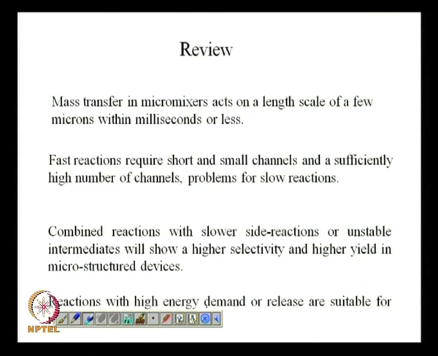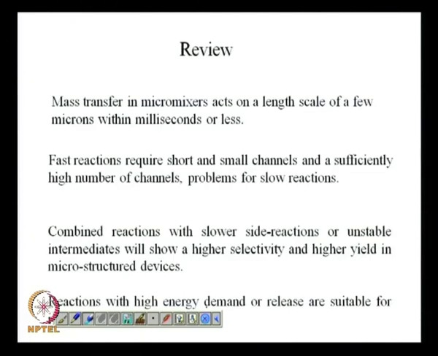So, we understood in the last class that we will probably opt for microreactors if it is a fast reaction. Slow reactions would require a larger length of the micro device, which may not be possible to fabricate.